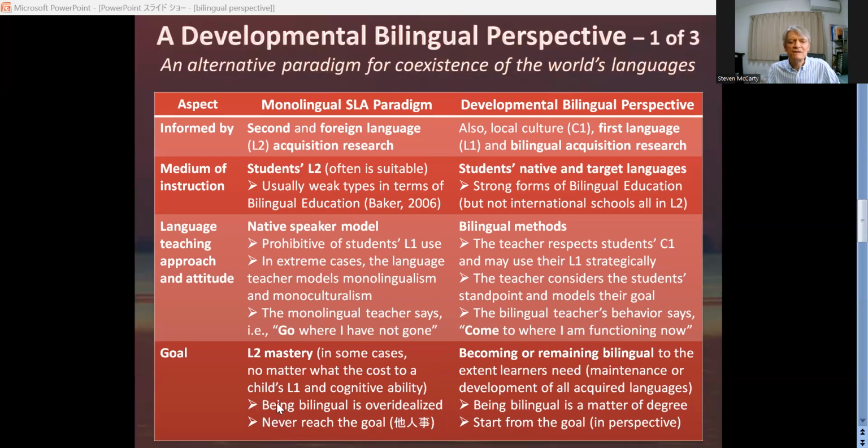So especially in Japan, for learners, being bilingual is over-idealized. And so in effect, learners can never expect to reach the goal. And so it becomes, the Japanese have a phrase, tanin goto, other people's business.